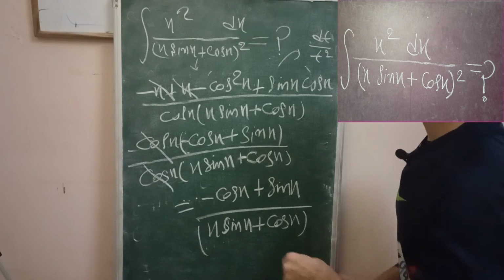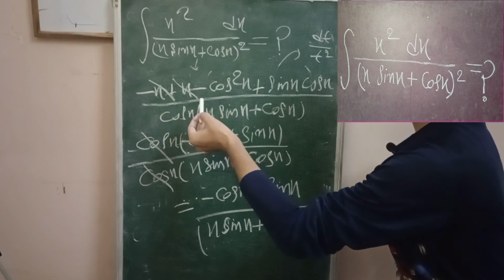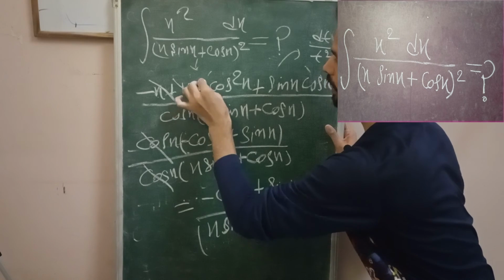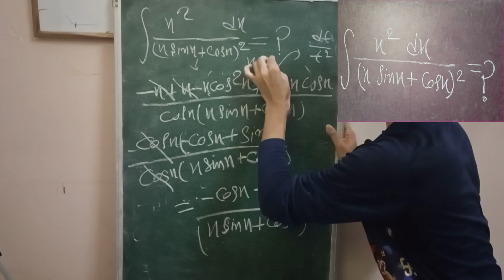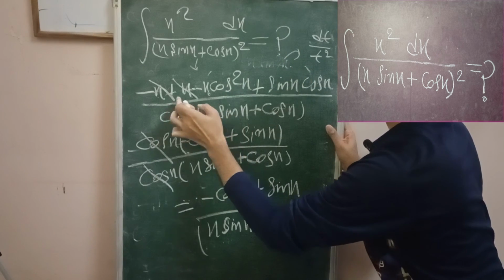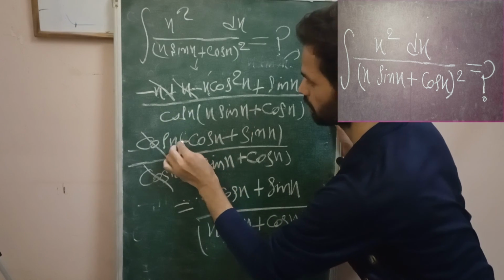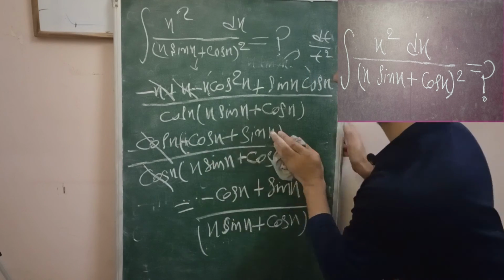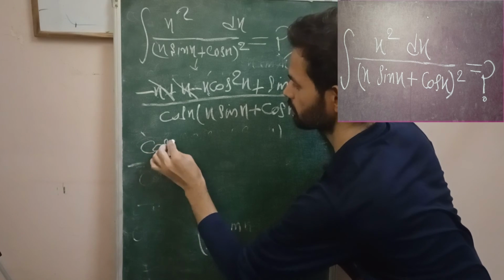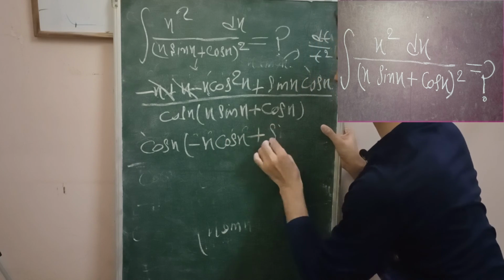Is it okay? So this is minus x plus x into sin square x. It is multiplied with both terms, so x, up to this is okay. Then after that x minus x, so just make it correct here. After taking cos x common, inside will come minus x cos x plus sin x.